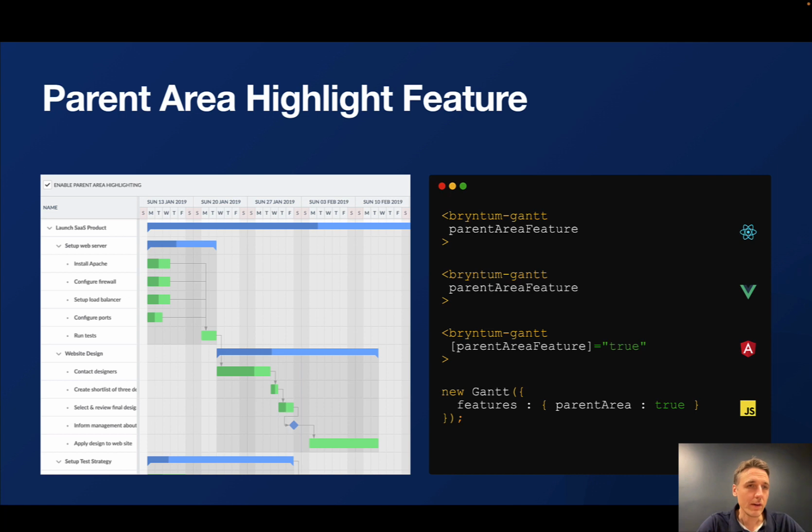Next up, we have a new feature in Gantt. It's the parent area highlight feature, whose purpose is to highlight the area encompassed by a parent task and its children. This new feature further bridges the gap between our old lineup and the new, and I'm going to demo it for you.